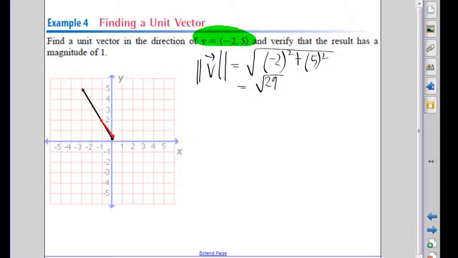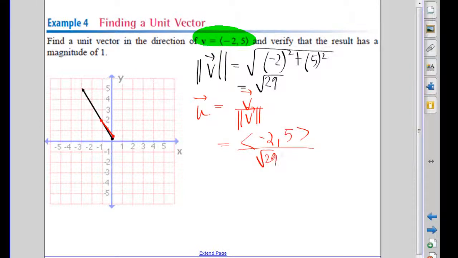Now to find vector u, we simply take vector v and divide by the magnitude of vector v. So let's do that together. Vector v is -2, 5. Divide by the magnitude, square root of 29.